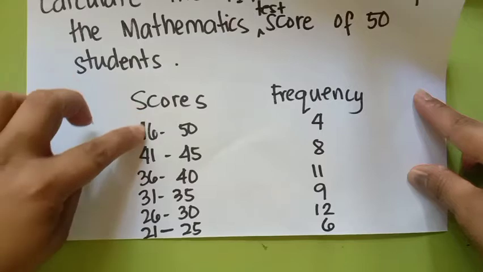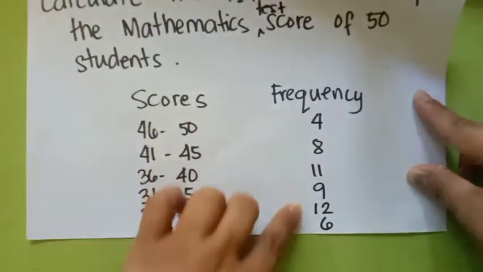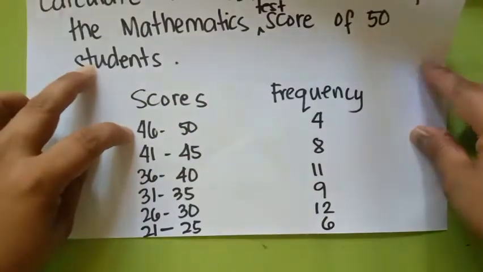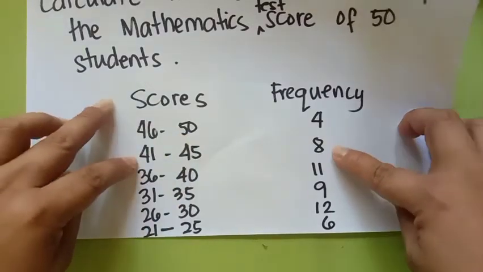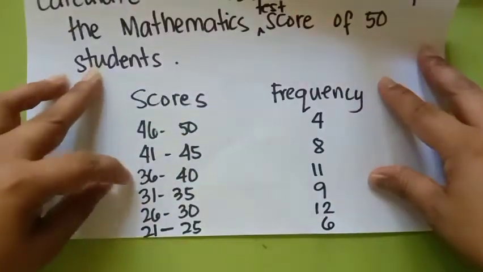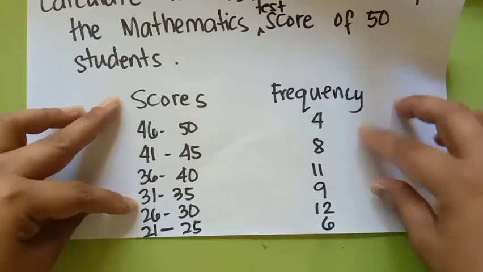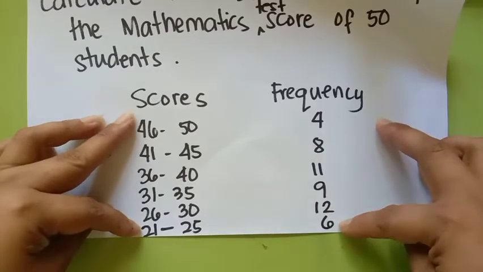These are the scores, these are the class intervals, and these are the frequency of the class intervals. Yung mga nakakuha ng test score between 46 to 50 ay 4, 41 to 45 is 8, 36 to 40 is 11, 31 to 35 is 9, 26 to 30 is 12, and then 21 to 25 is 6.